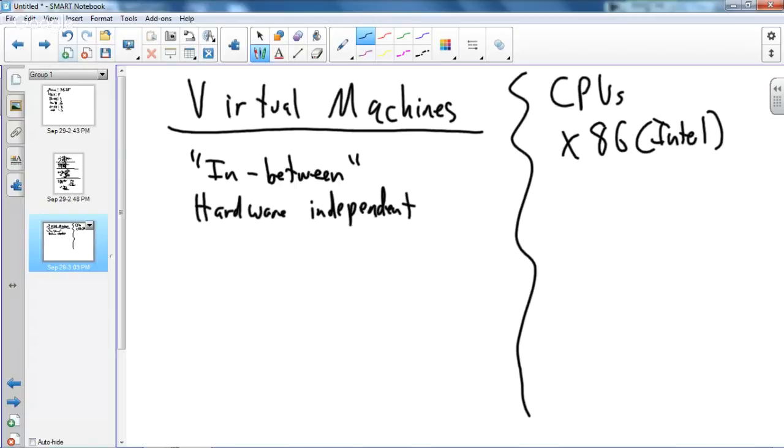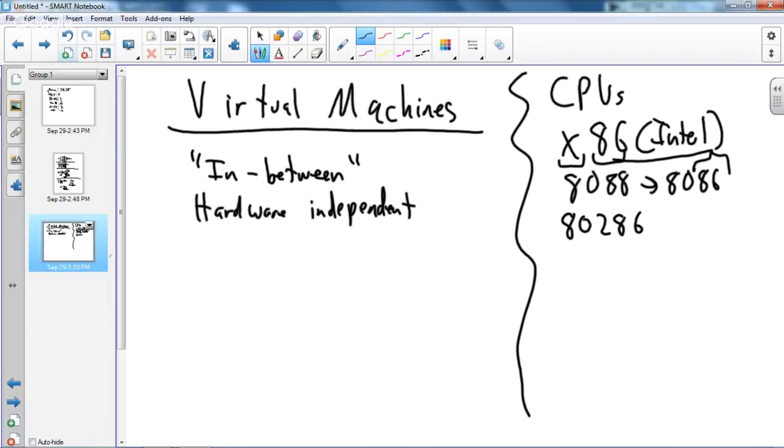The first IBM personal computer had the Intel 8088, which was then supplanted by the 8086. That's where this 86 comes from in the x86. From there, Intel continued to develop the architecture. The next major chip was the 80286, and then the 80386.